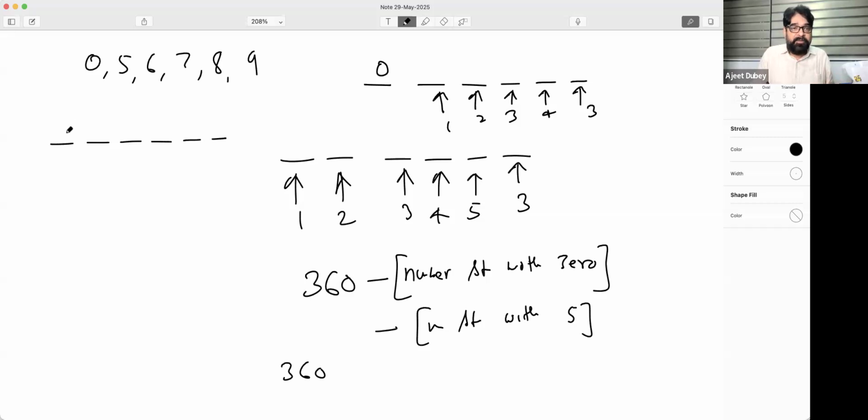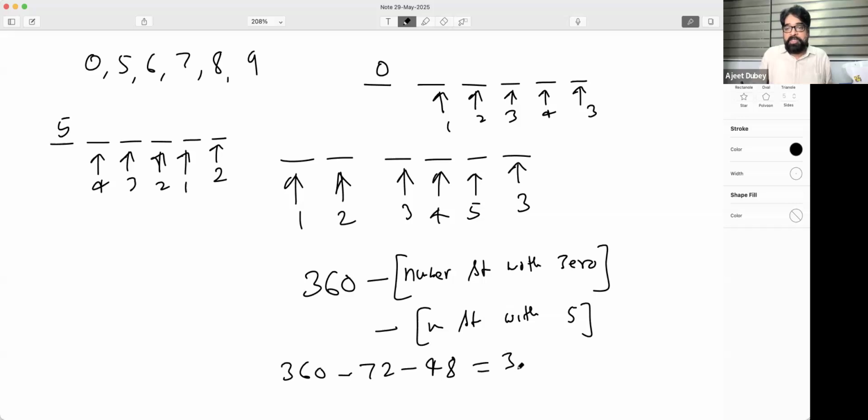Odd numbers starting with 5: this place can now be filled in only 2 ways, because I fixed 5 here, so either 7 or 9. The rest have no restriction: 4, 3, 2, 1, that is 24. 24 into 2 is 48. So 360 minus 72 minus 48.